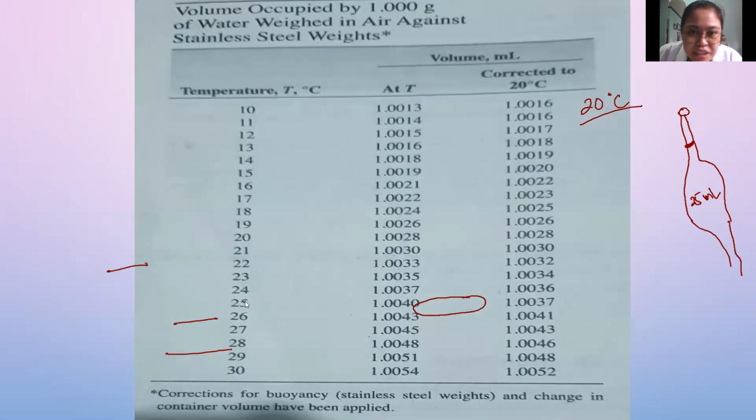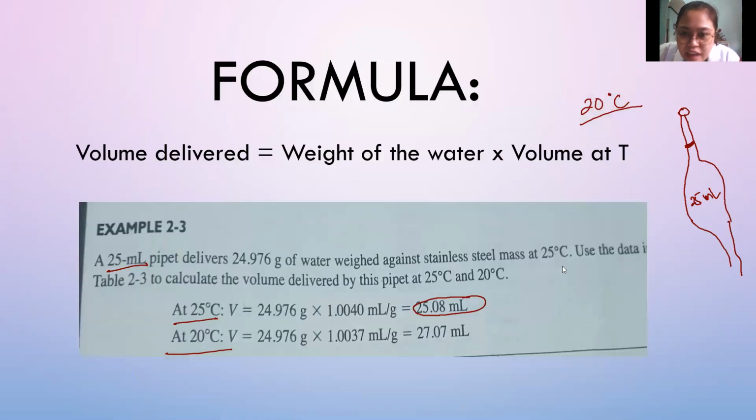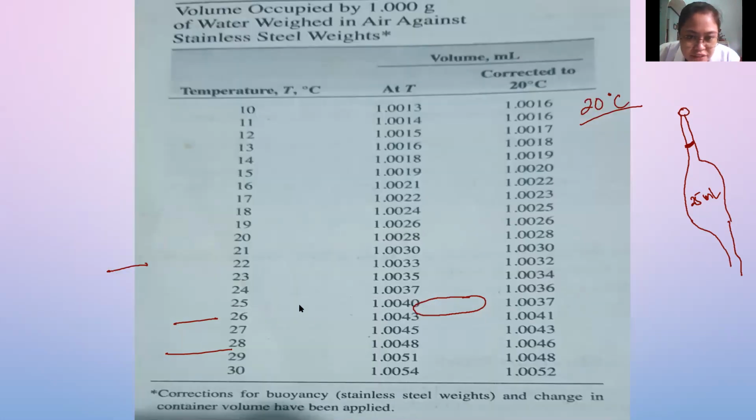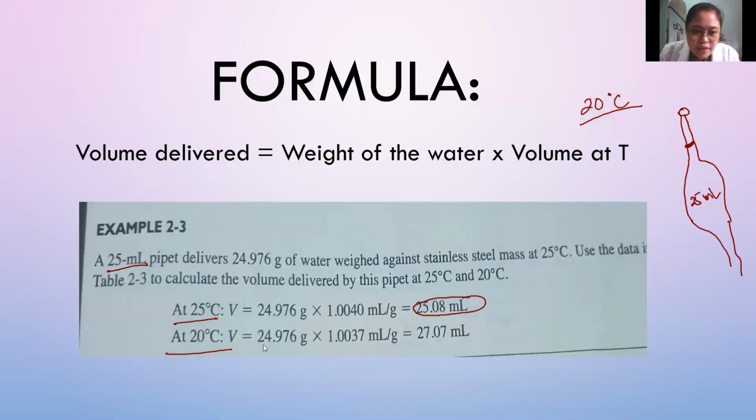The original weight of the water was at 25 degrees Celsius, which we used earlier, 1.0040. But if we use 20 degrees Celsius, it is 1.0037. Why do we still take it from here, from the 20 row? Because our steel mass is at 25 degrees Celsius, so that is our reference. Okay? So at 20 degrees Celsius, we use this corrected volume. The same thing: you multiply the weight of the water by the corrected volume.